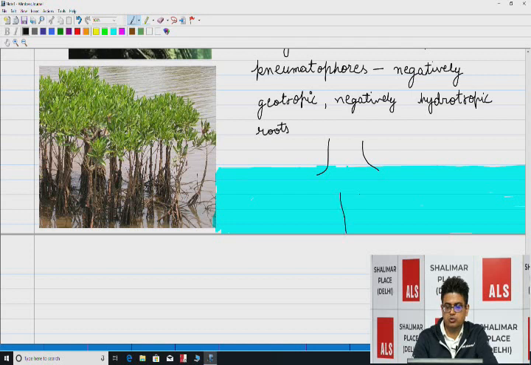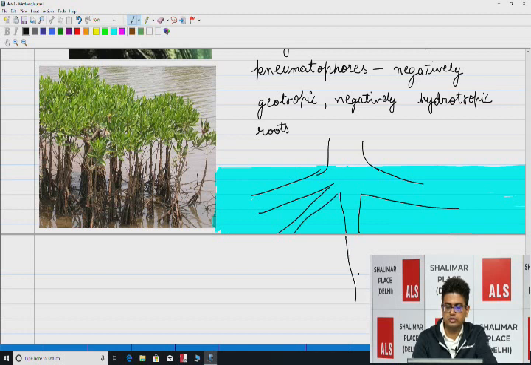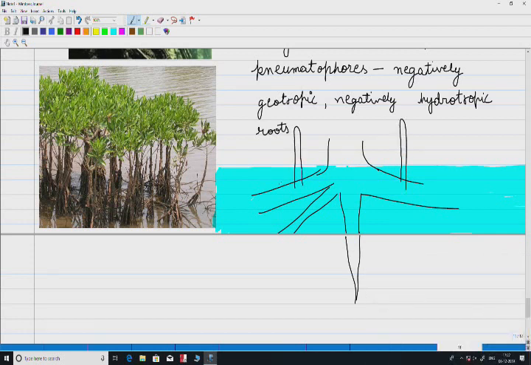It has a tap root growing downwards. Tap root is growing like this. So the main root is underground, but the root branches are here and there. So these are the root branches. And from these root branches, some roots will grow upwards.